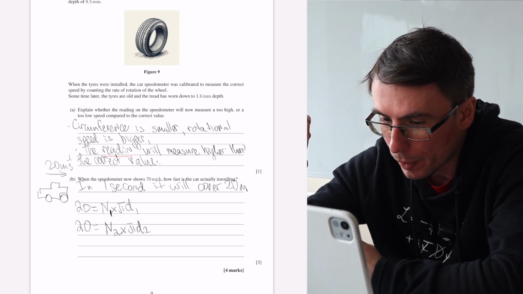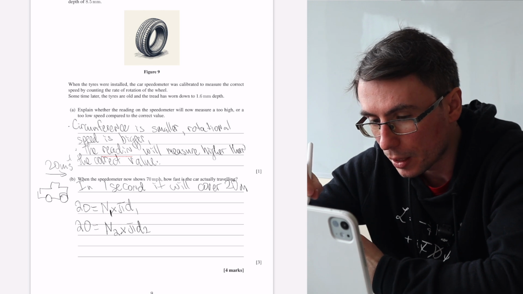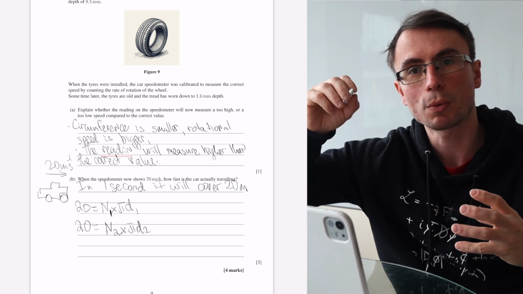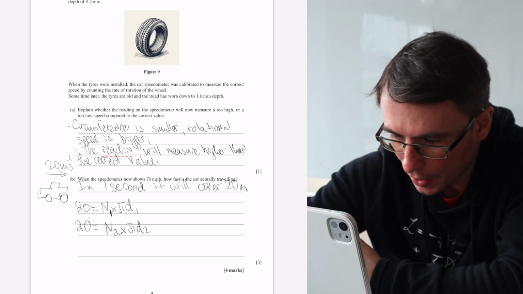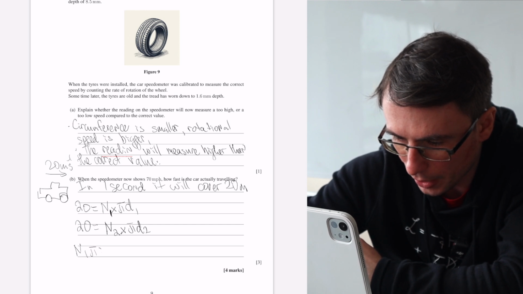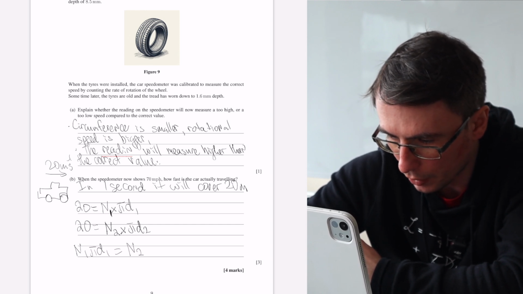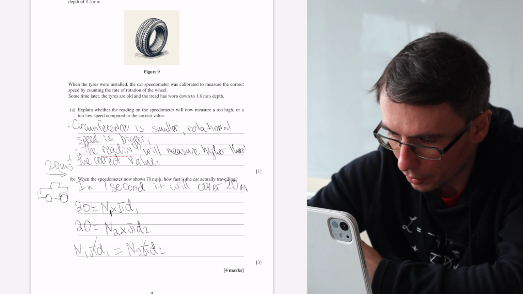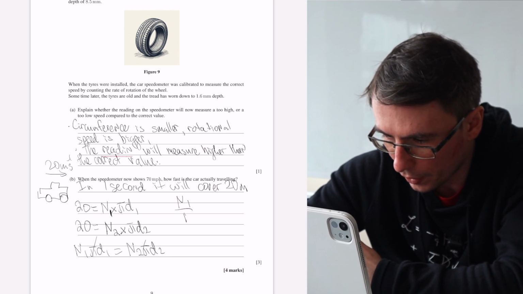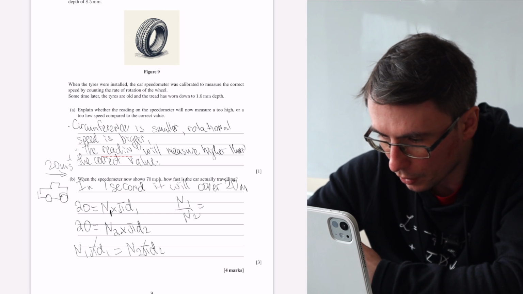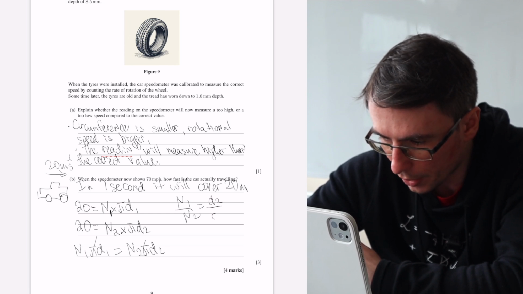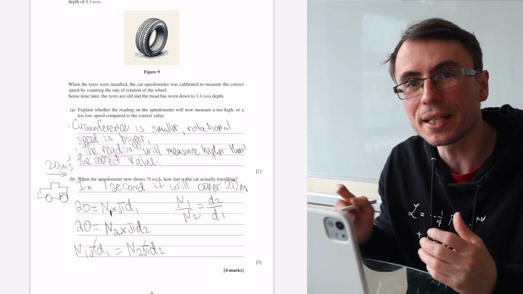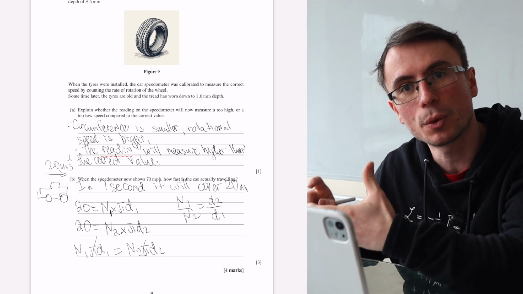And now we can essentially set those two equations equal to one another to determine a relationship between n1 and n2. So we can say that n1 pi d1 has to be equal to n2 pi d2. Well, these things are just going to cancel, and what we're going to get is that n1 over n2 is just going to be equal to d2 divided by d1. And we can get this as a percentage. That percentage is what the speed will change by.